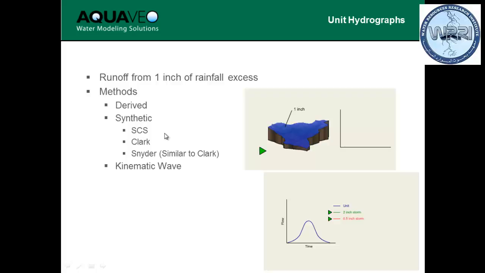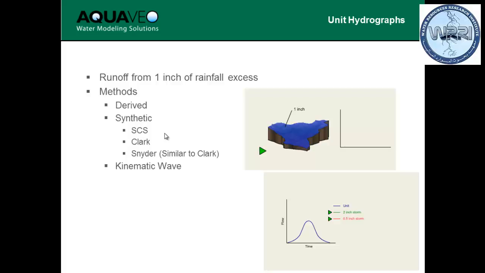So to compute the unit hydrograph, the unit hydrograph is a hydrograph that just assumes 1 inch of rainfall over your basin. And to get your hydrograph, HEC 1 and HMS multiply that unit hydrograph by the total amount of rainfall in your basin.